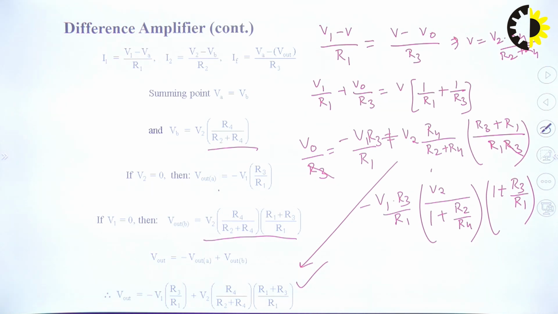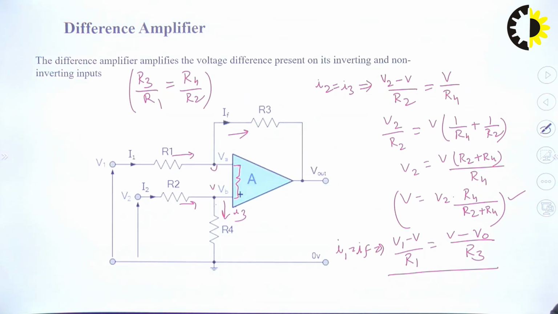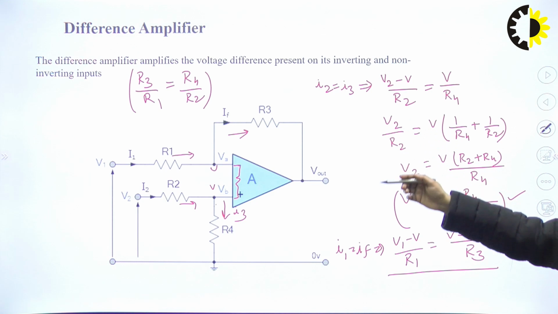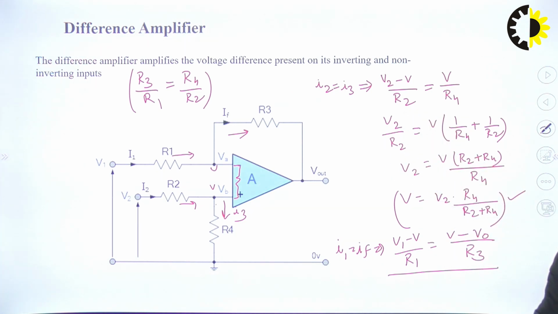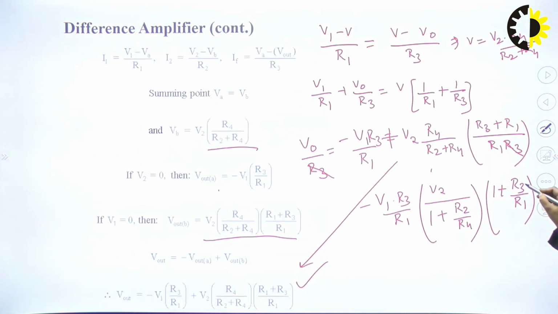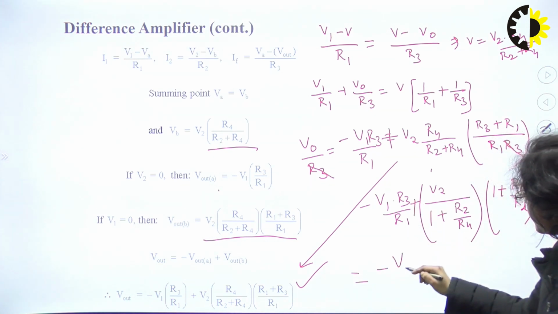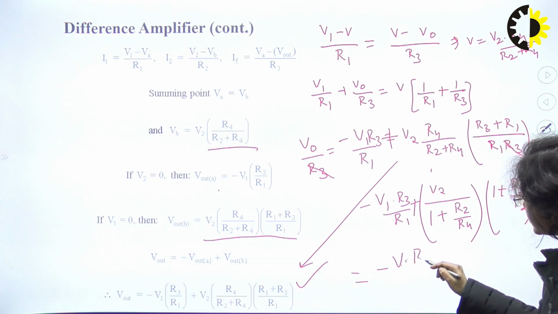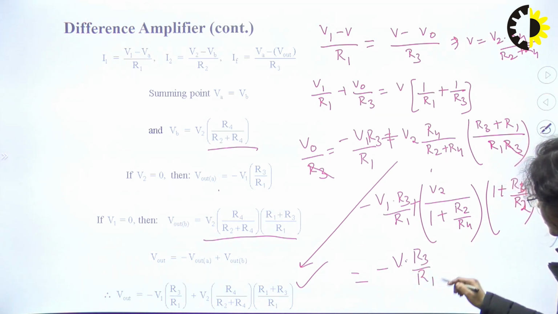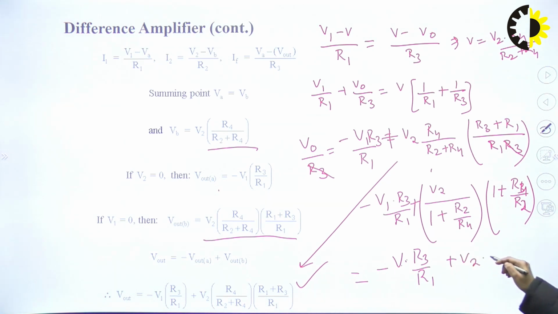And from the previous case we see that R3 by R1 equal to R4 by R2. So we substitute here R3 by R1 as R4 by R2. By solving this, we get minus V1 into R3 by R1 plus V2 into R3 by R1.